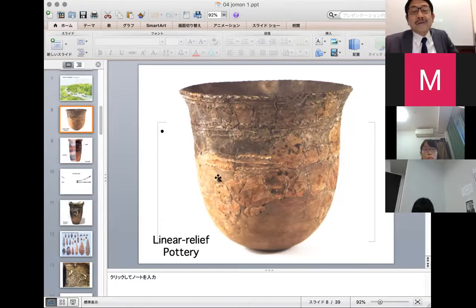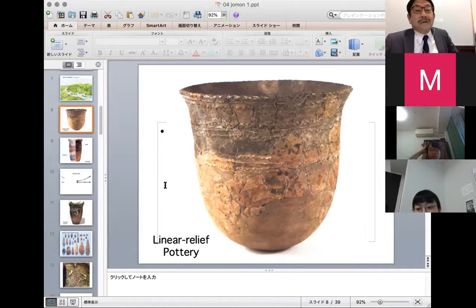Right here, the soot will attach to the top part. So when you see top black and bottom red pottery, it's obvious that it has been used on fire. So these were cooking pots. You could cook soup and stew your food, of course, but at the same time, you could use it for boiling purposes, like removing harshness of certain plant resources or other things.